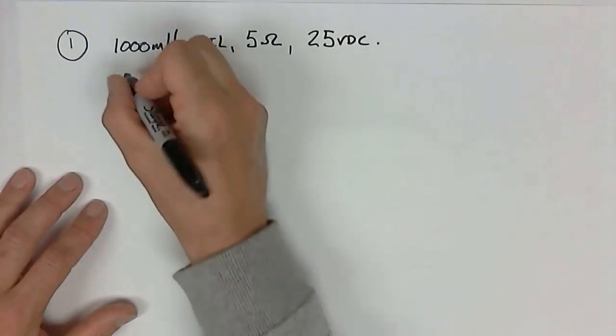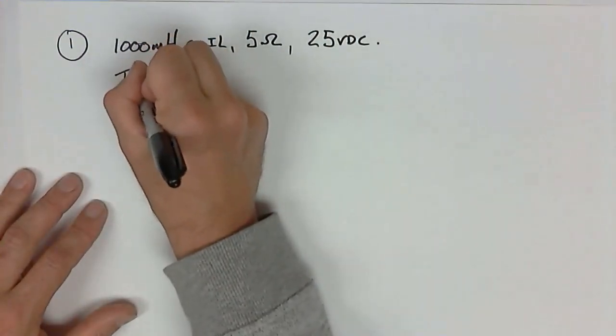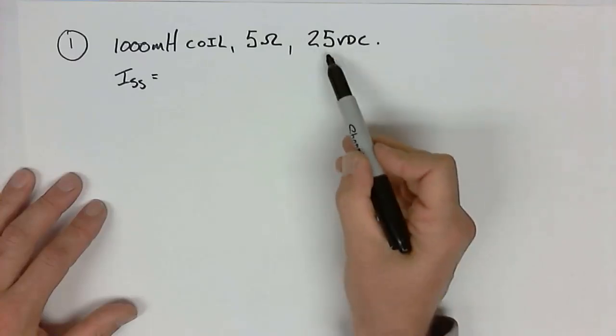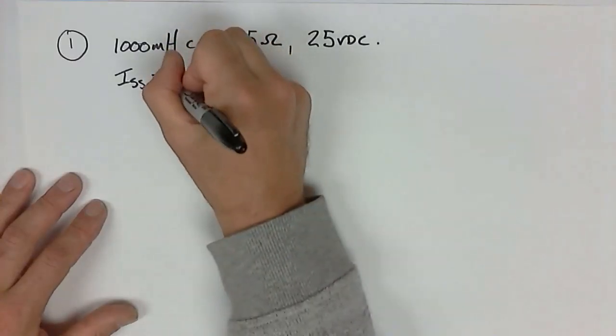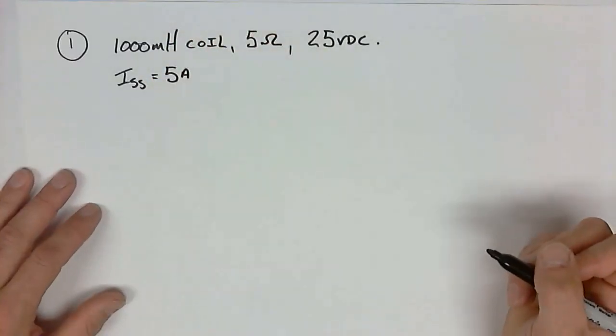The steady state current value of this is going to be 25 divided by 5, giving me 5 amps.